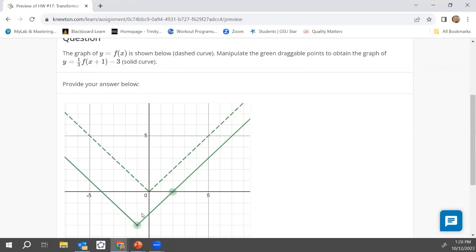Instead of going over up 1 over 1, up 1 over 1, or up 3 over 3, I need to pull that down 1/3 as much. So it was up here as up 3 over 3. So if I need to drop it 1/3 of what it was, it's going to be up 1 over 3.